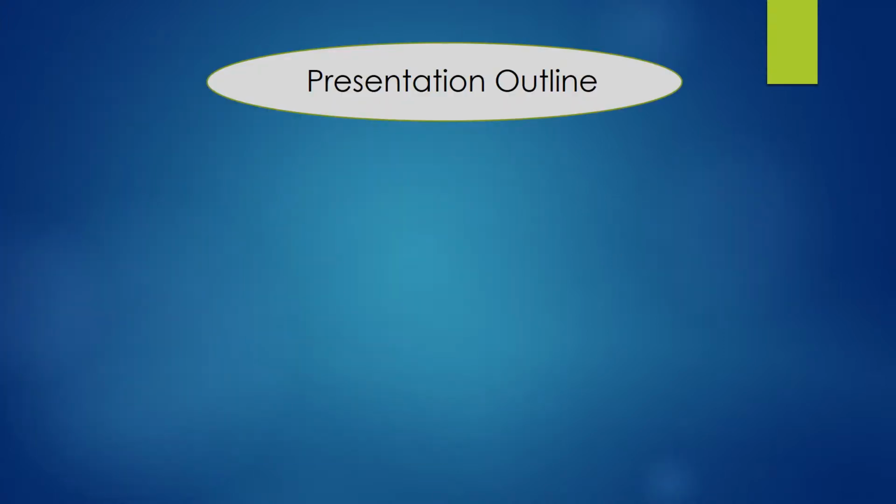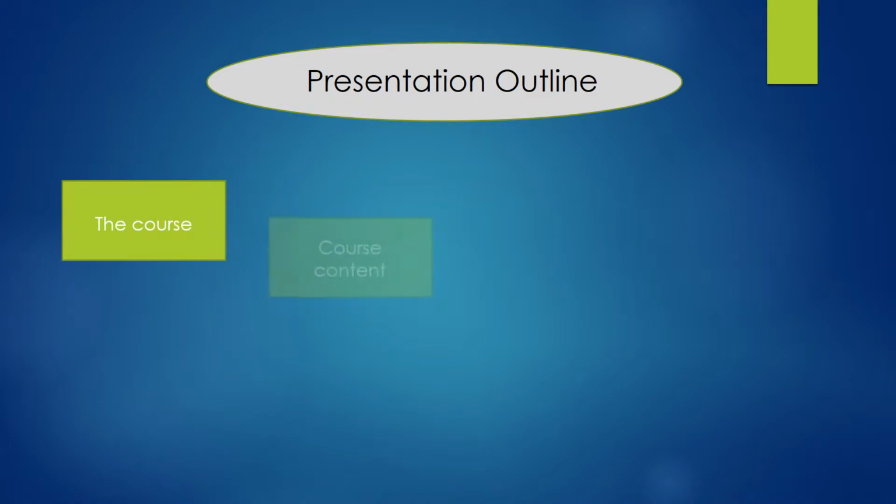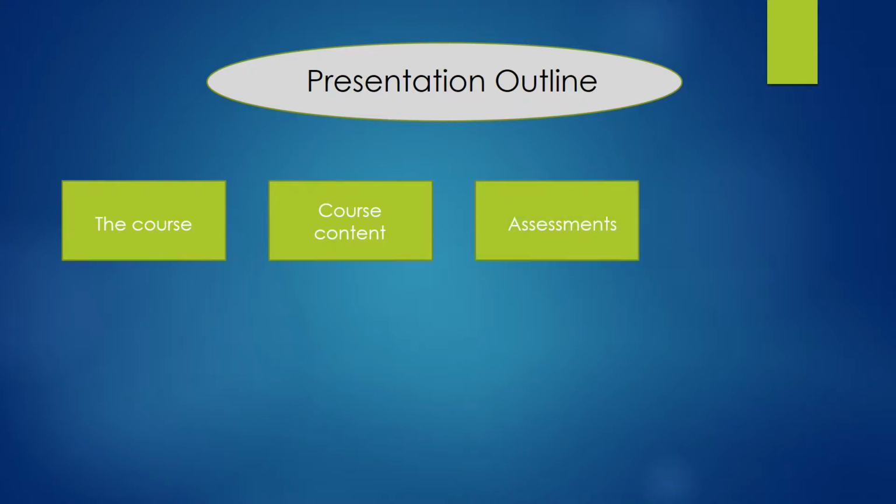In this presentation, the course requiring corrective measures will be explained, along with the course content. Methods for assessing student engagement in the materials and in their understanding of content will be discussed. Qualitative and quantitative evaluation procedures are then explained.